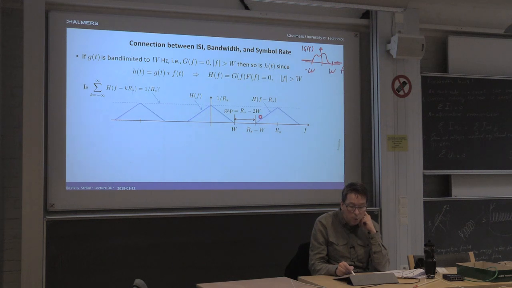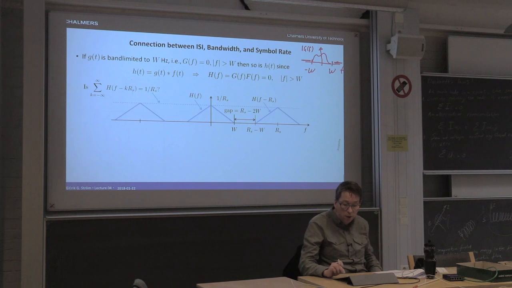And what is the gap? Well, it's the difference between this point and this point. This point is the symbol rate minus W, so it's Rs minus W here, and it's W here. So the length of the gap is Rs minus 2W. Okay, so now we can start to do things.